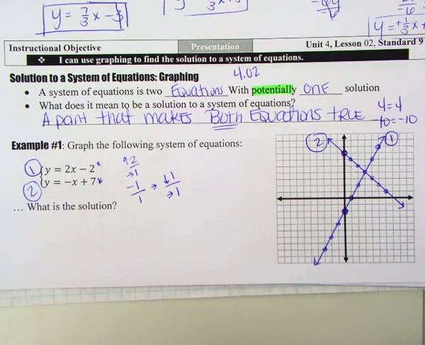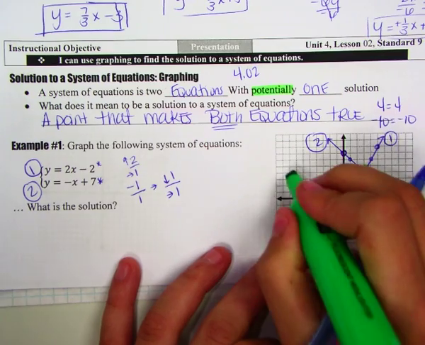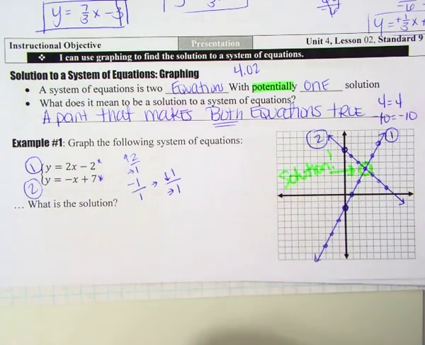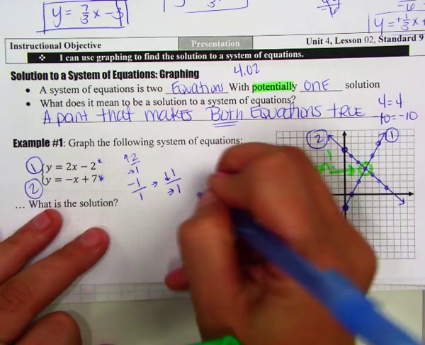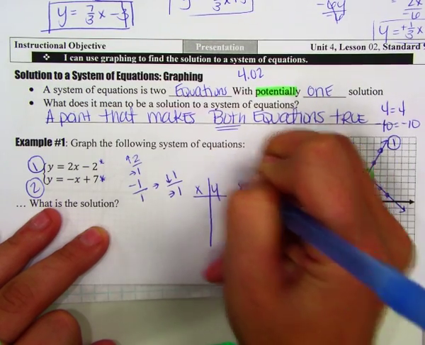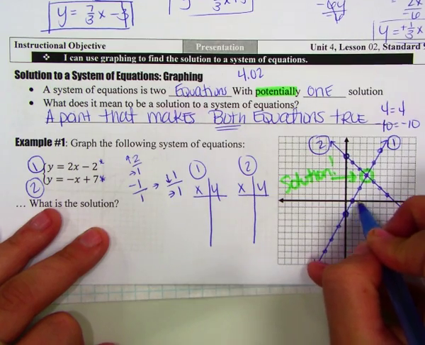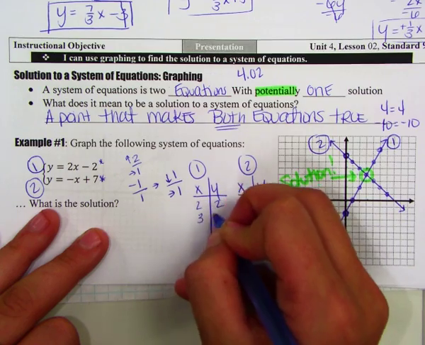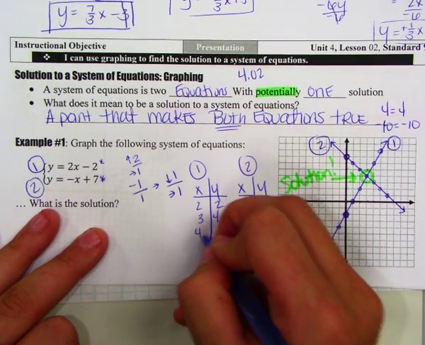Now, what is the solution? The solution is always going to be the intersection. Why? Because this is the one point that would show up in both tables, right? So if I drew a table for equation 1, equation 2, equation 1 would have 2, 2, then 3, 4, then maybe 4, 6.